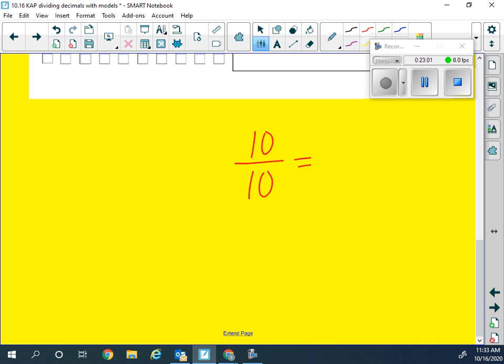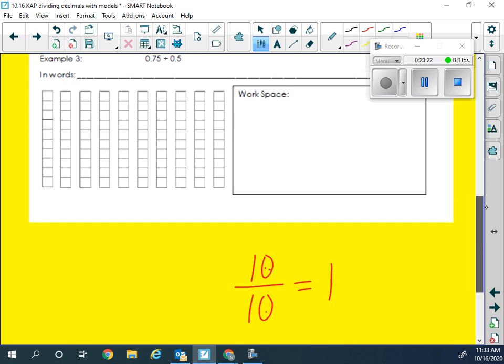When these two numbers are the same, really what does that equal? 1. And I can multiply anything I want by the value of 1, and I'm not changing its original value, right? I'm just changing the look of it. Kind of like getting change for a 20. I'm getting 20 $1 bills for a $20 bill. They have the same value, but they look different, right? Same thing, okay? So that's important.